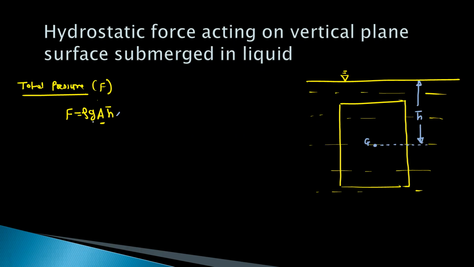We can calculate the area. Rho is the density of the liquid. For water, it is 1000. And by using this formula, we can find out the total force. So if I draw the side view, so that object in the side view will be just a line.